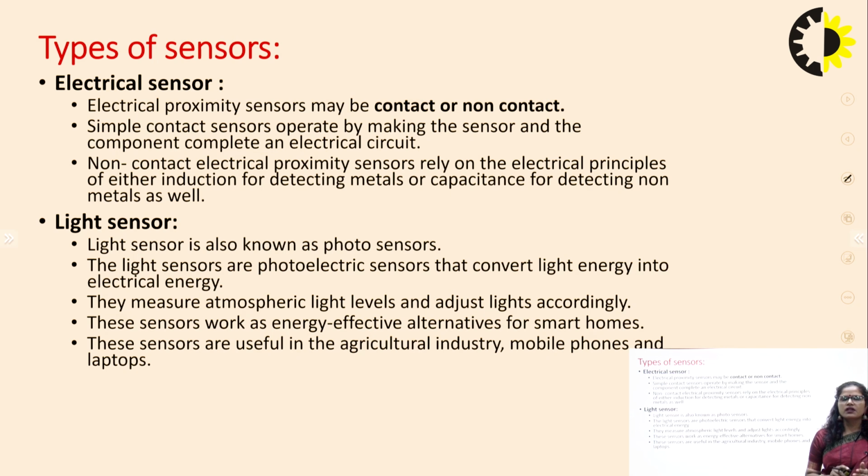That means it will work for both. It is not necessary that it detects only metals, it also detects information from non-metal components, right?